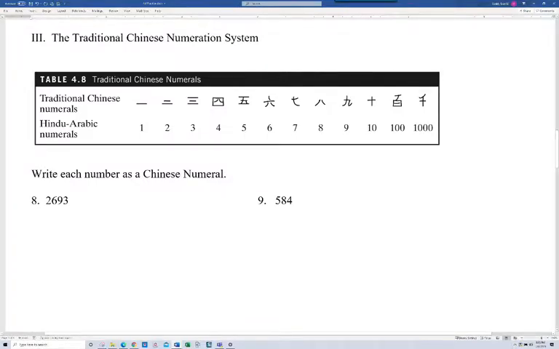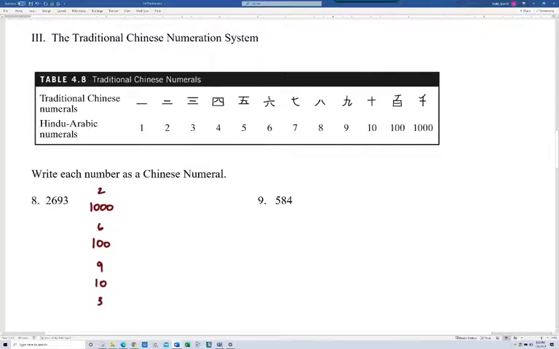So here we're going to be using the Chinese numeration system. On the first one here we have 2,693. So we have 2,000s, 600s, 9 tens, and then 3. And so again, what I'm writing here is kind of optional, but it helps as you write these out.